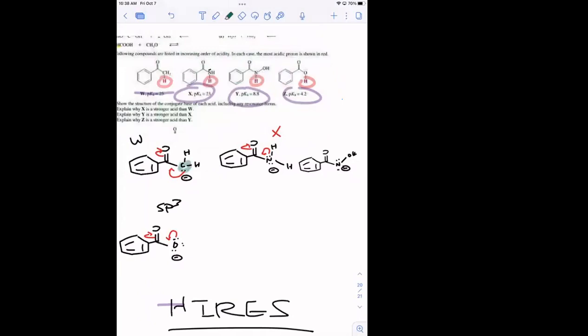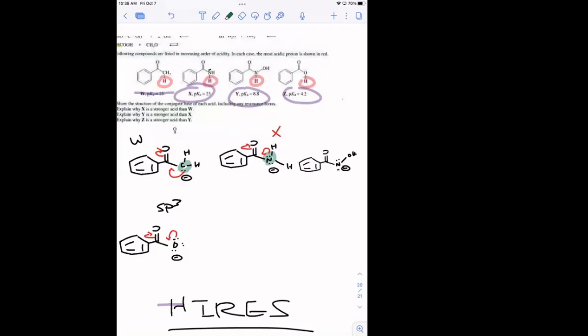So here we're looking at carbon, here we're looking at nitrogen. Which atom is more electronegative, carbon or nitrogen? Nitrogen, right? Because electronegativity increases left to right, bottom to top across the periodic table. So nitrogen is more electronegative and it's actually bigger than carbon. It has a larger atomic radius.